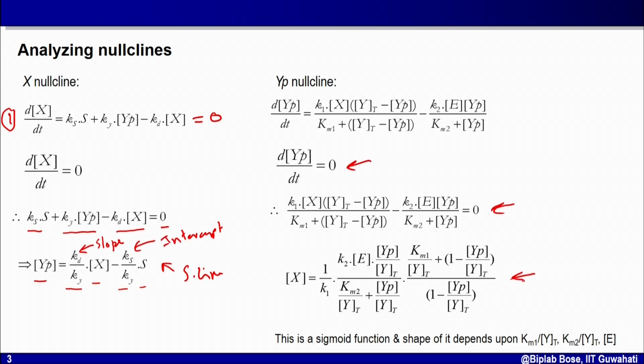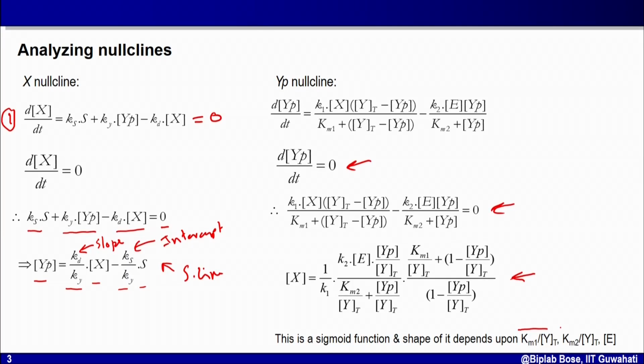So here x and yp have a sigmoidal relation, and the shape of that sigmoid depends upon km1 by yt, that is the ratio of Michaelis-Menten constant and total y, and km2 by yt, that is the second Michaelis-Menten constant and total substrate, and obviously E, the concentration of E, that is the phosphatase concentration. This we have dealt with in an earlier module.